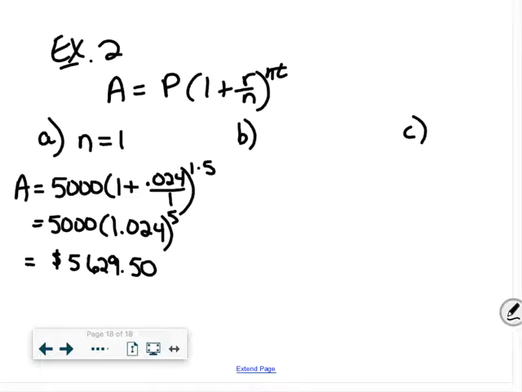T is years. Yeah, but it's not B equals. The formula is A equals. Oh, well, I changed it to A. There you go. Thank you.